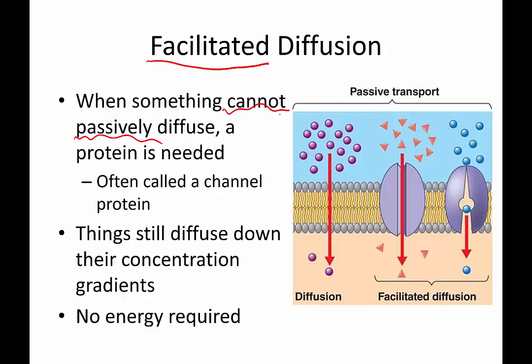So remember, passive diffusion, small nonpolar molecules passively diffuse very well. For things like ions, polar molecules, large molecules, they may require a protein to help them. Oftentimes, these proteins are called channel proteins. So right here and here are two examples of channel proteins.